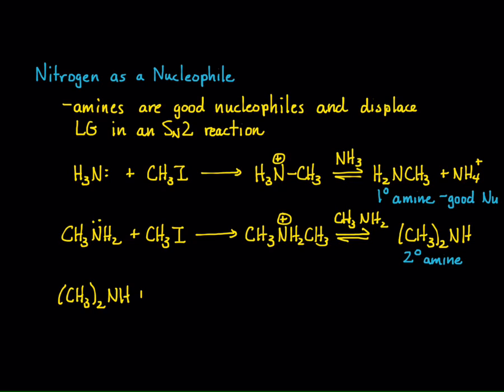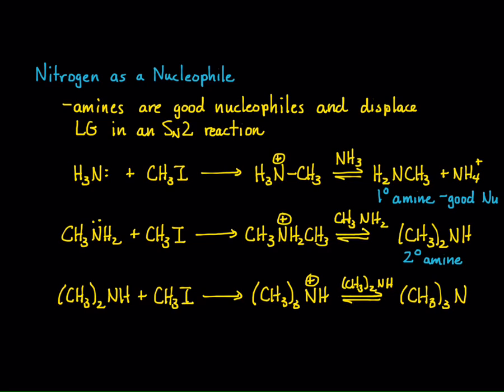And so this reaction continues. The secondary amine, dimethylamine, is going to react with methyl iodide to produce trimethylammonium salt. And the trimethylammonium salt is going to be deprotonated to give me trimethylamine. What have I made? I've made a tertiary amine now.